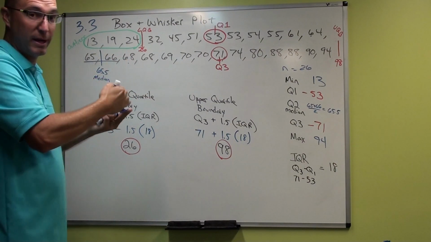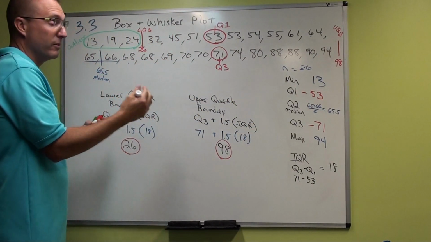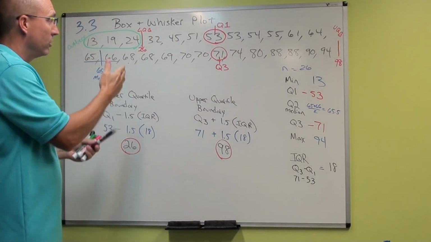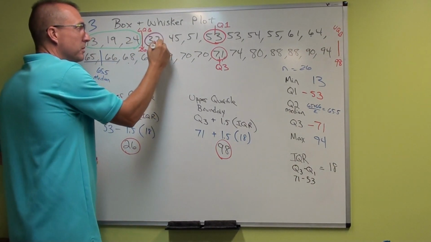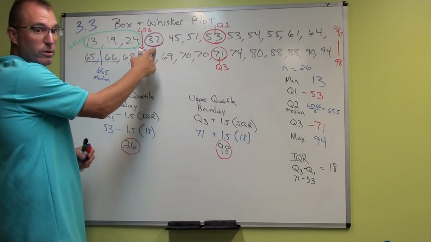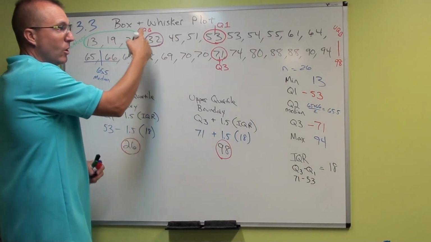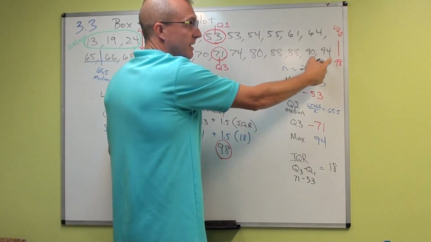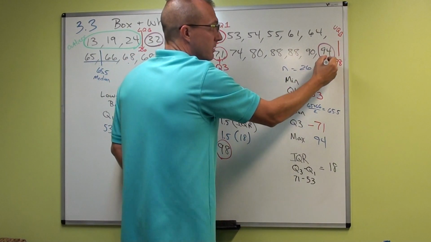If it lands on the boundary, like if we had a number that was 98, that's fine, you can use that number. If it's not inside the boundary, you have to pick the first number inside the boundary. So this becomes our first new data value, because these are outliers. Over here, 94 stays our last because it's inside your upper quartile boundary.